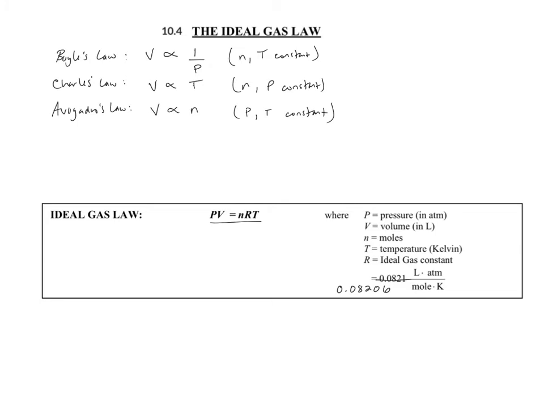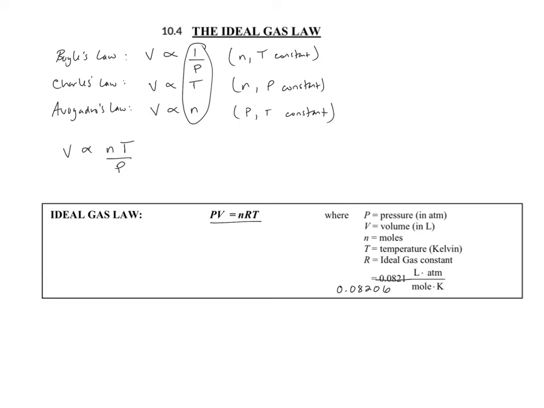If we combine all these laws, we get volume is proportional to N times T over P. All I did was just take all these and put them together. Now, we can't deal with proportions in a definite manner in chemistry.